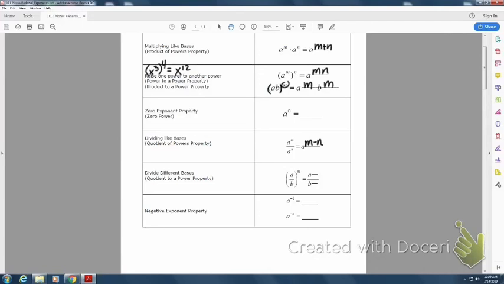The example where most people mess this up is something like this. That 2 not only belongs to the x, which everyone remembers, but you've also got to put it to the coefficient. A lot of people will mess that up.